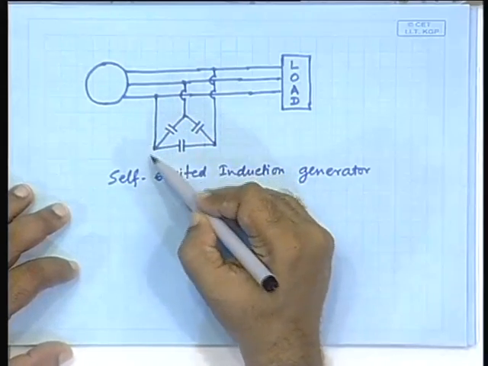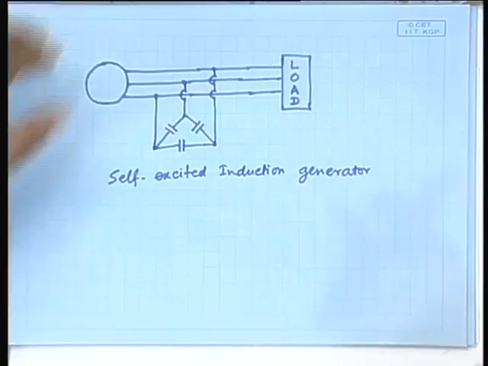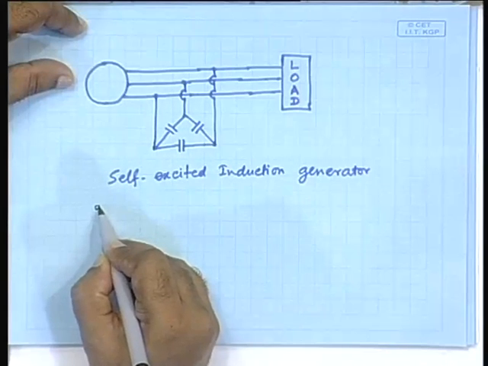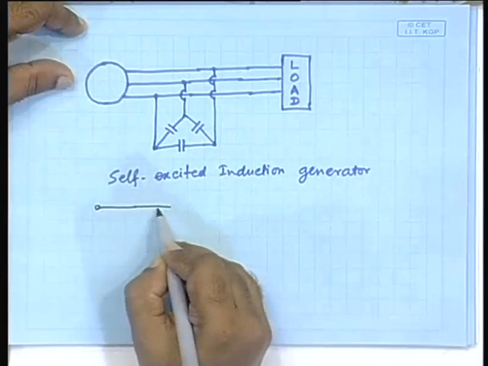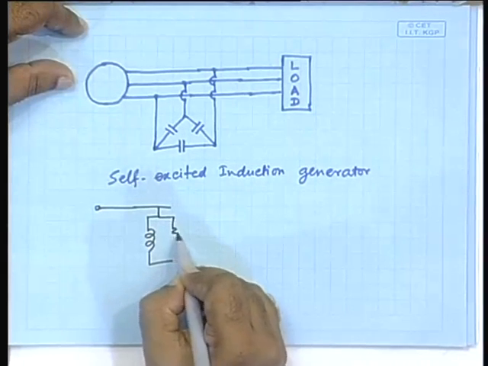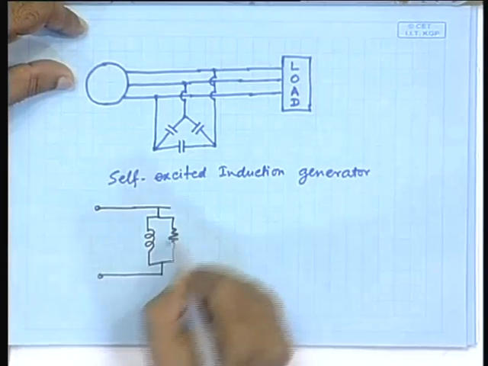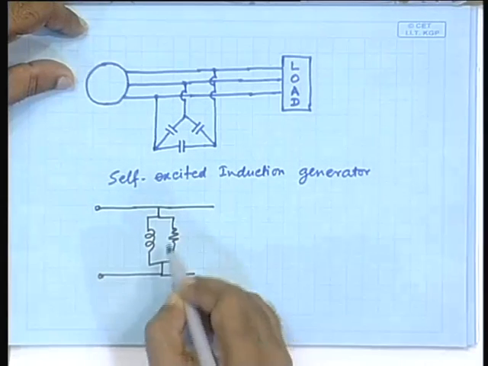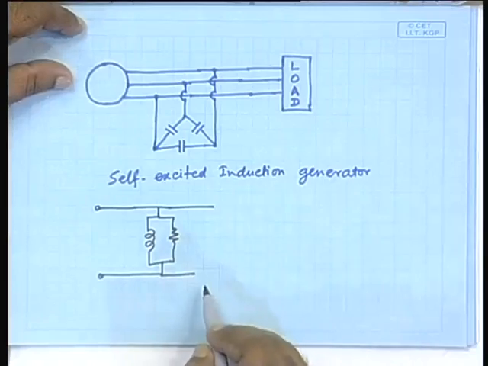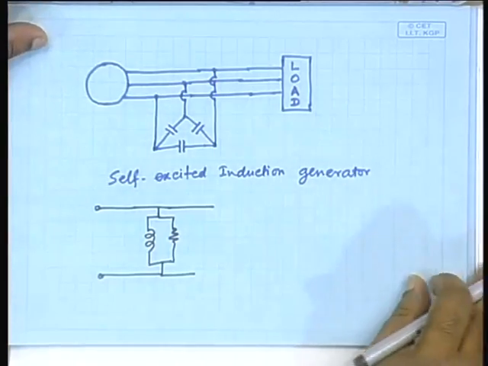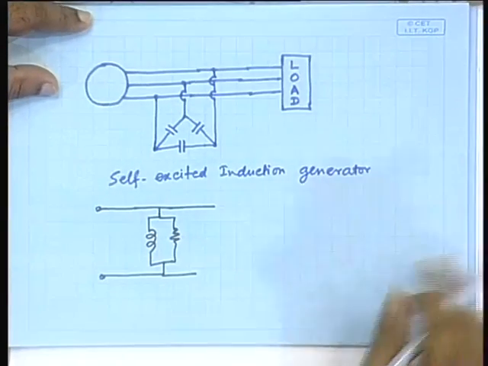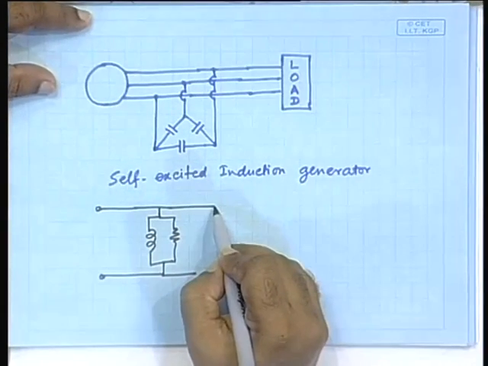So, in that case the capacitor bank is connected, and if you recall the structure of the induction machine equivalent circuit, this is the magnetizing branch, and this magnetizing branch will only be seen because the other part will be open, both in the case of the test where you are performing in no load. Let me draw it anyway.